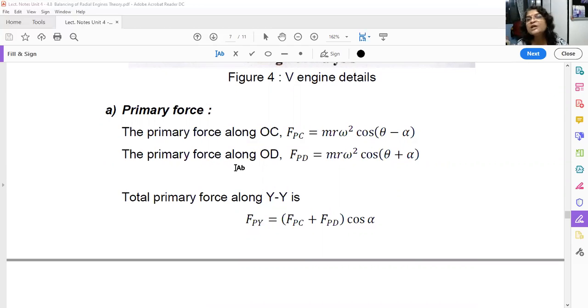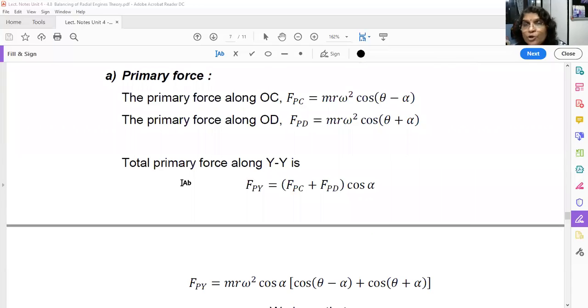Similarly, the primary force along OD, that is FPD, primary force along cylinder D, will be m r omega square cos(theta plus alpha). Very simple. Cos theta is replaced by cos(theta minus alpha) for cylinder C, and by cos(theta plus alpha) for cylinder D, because the angle made by the crank with the line of stroke is not theta here. Understood?